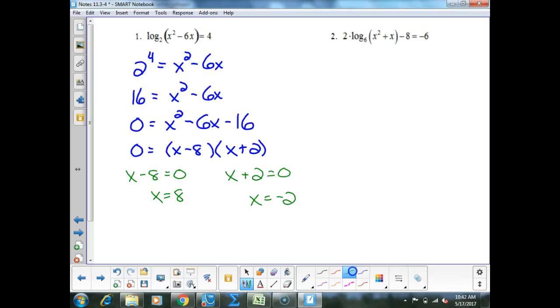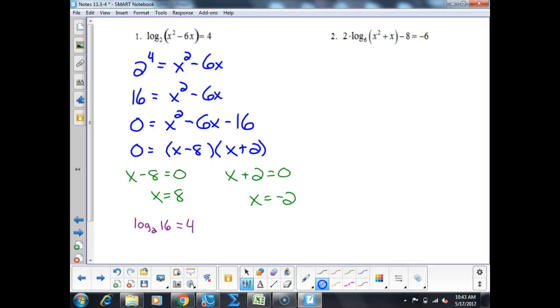Okay, x squared, so 8 squared, 64. 6 times 8, 48. 64 minus 48, 16. So this becomes log base 2 of 16 equals 4.